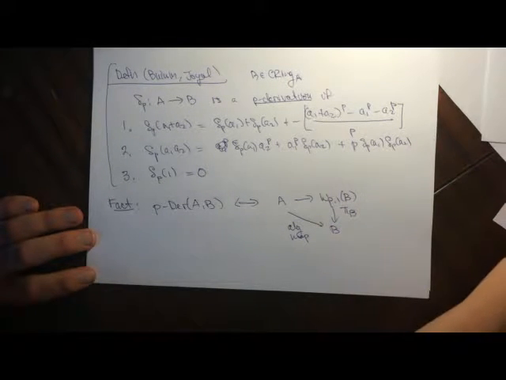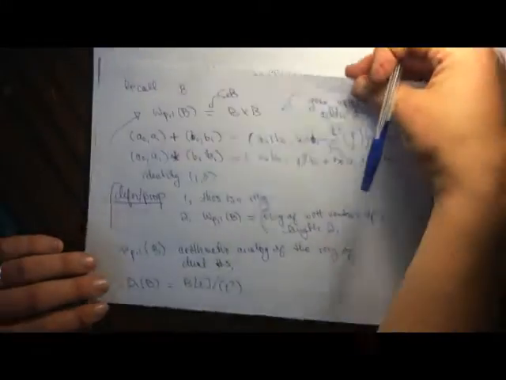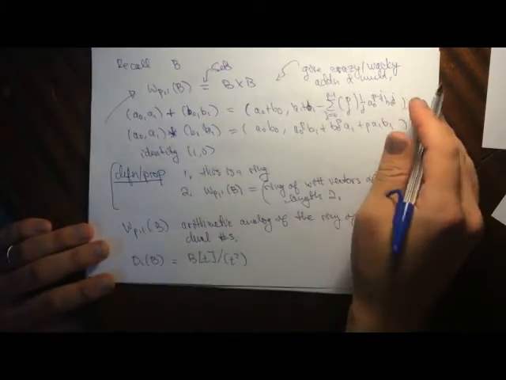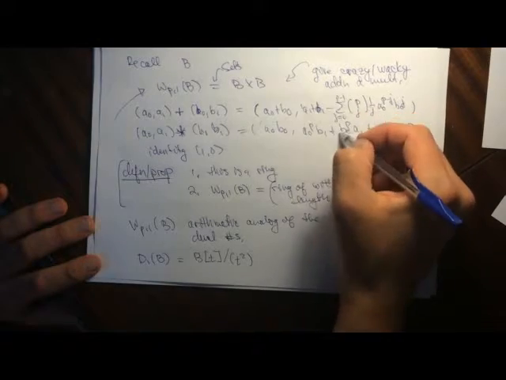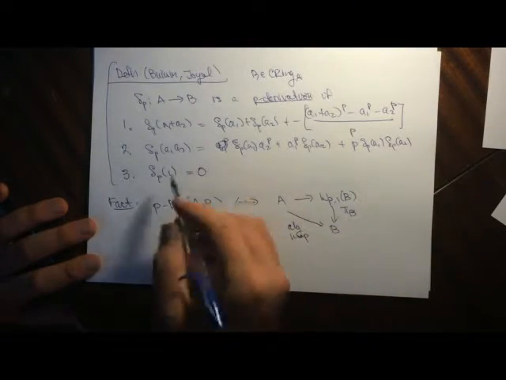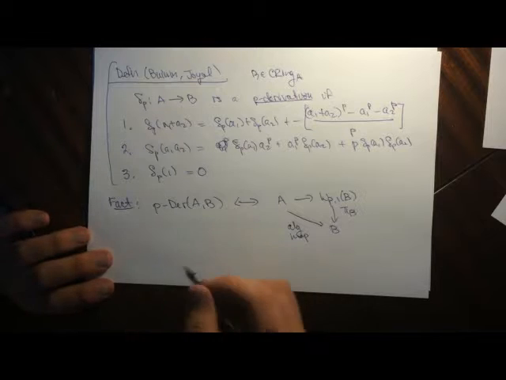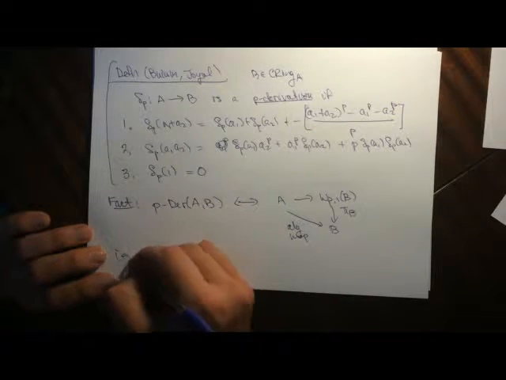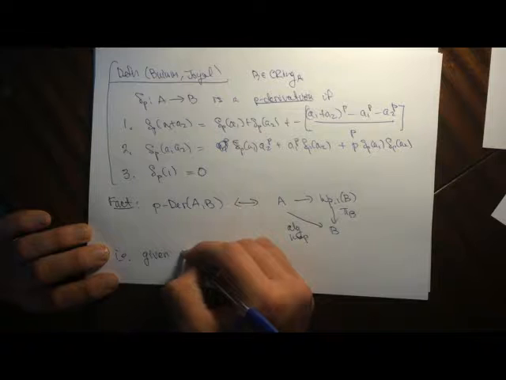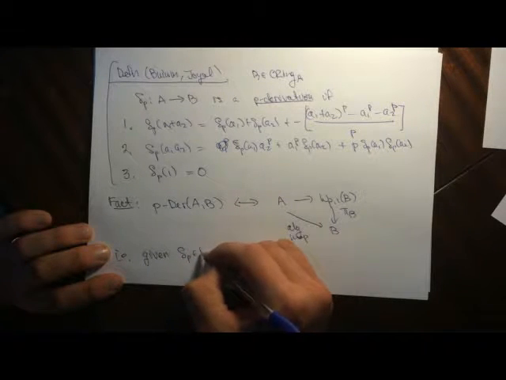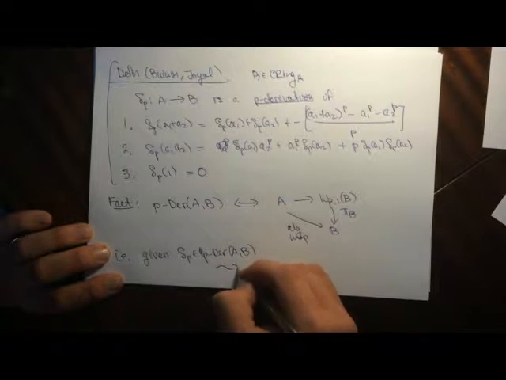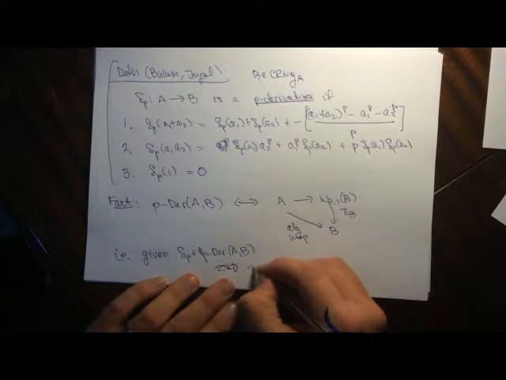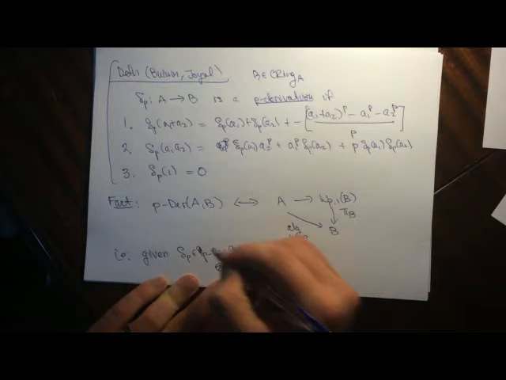Let me say again why this works. Here we actually cooked up these rules to be exactly what we had. This is really the sum rule, and this is the product rule here. And then this is this formula here. That is, given a p-derivation delta p from A to B, we get a construction. What do we get to construct?